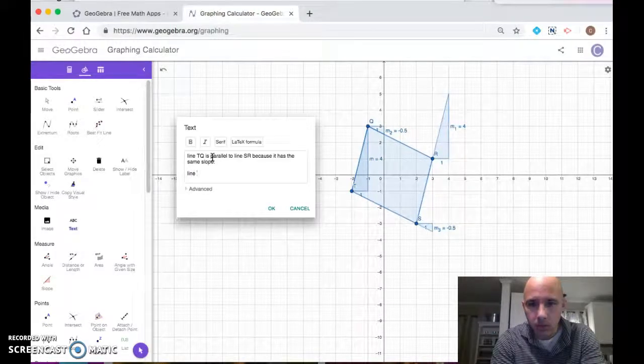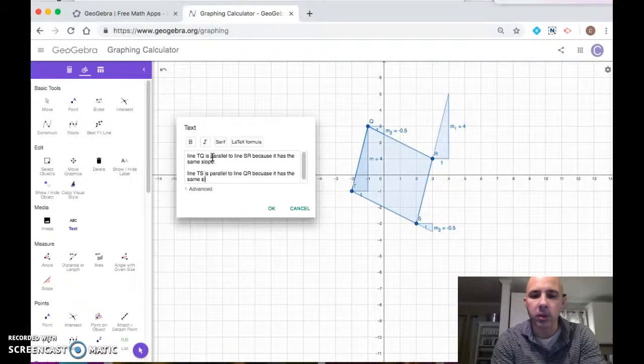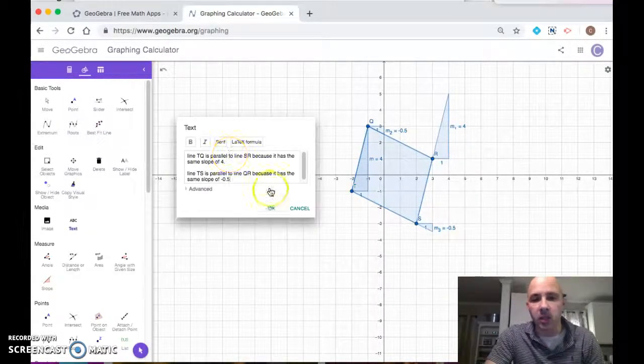Line TS is parallel to line QR, because it also has the same slope. And to be really specific here, it's the same slope of positive 4. And this one has the same slope of negative 0.5. So hopefully you can use this tool. It's fun. It's a little bit easier than doing it by hand. If you have any questions, let me know.